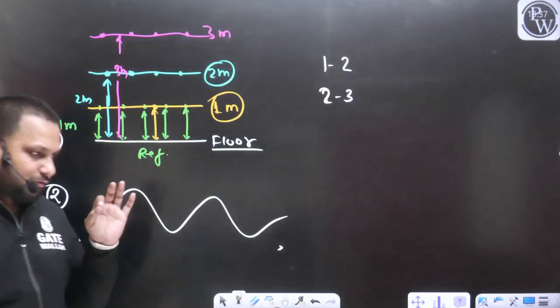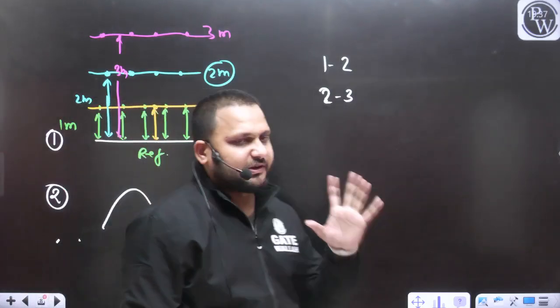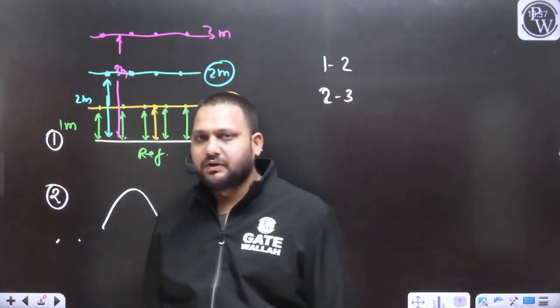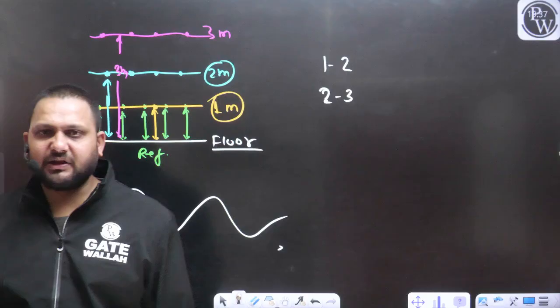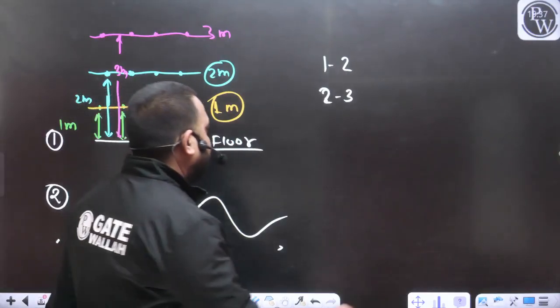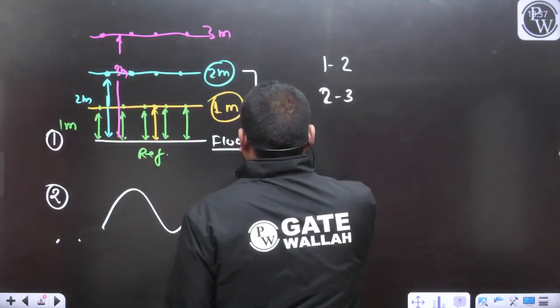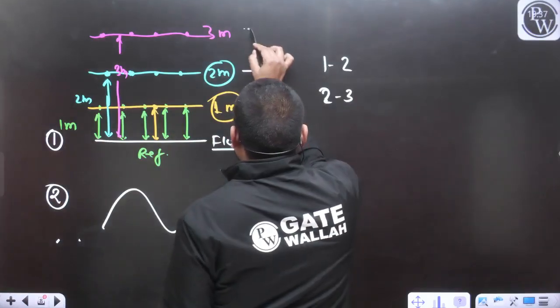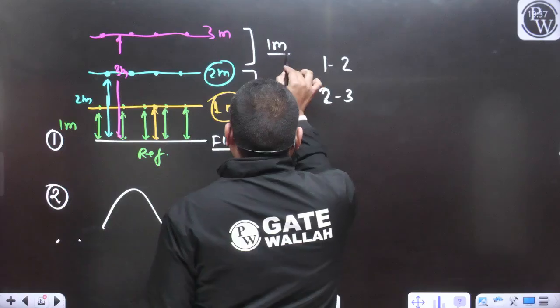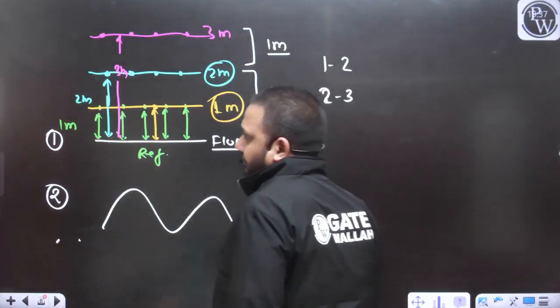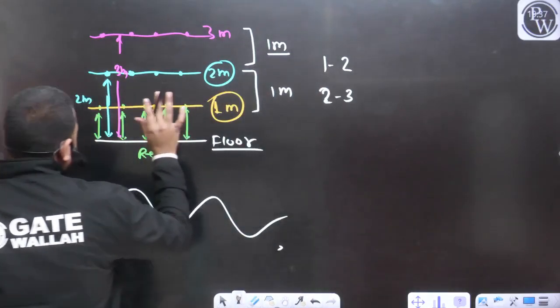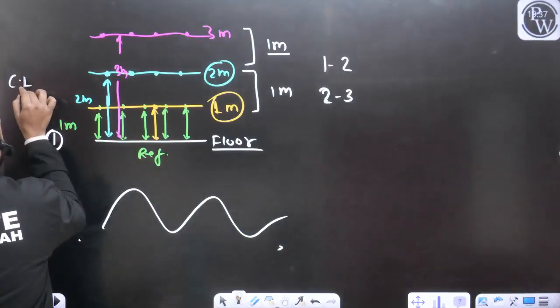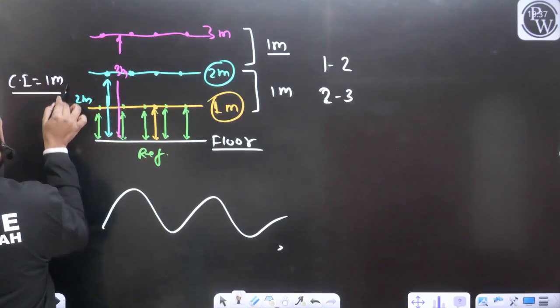It is the vertical distance between two consecutive contours. Let's say here we are getting the difference as 1 meter, and here also we are getting the difference as 1 meter. So can I say for this contouring work, the contour interval was 1 meter?